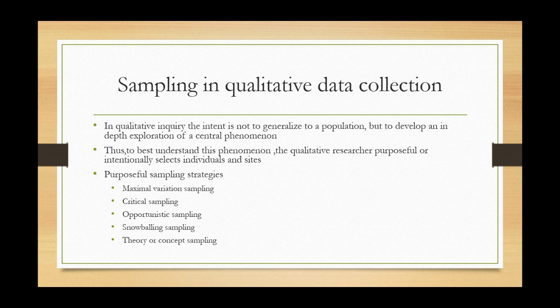Qualitative snowball sampling is a form of purposive sampling that typically proceeds after a study begins, and this occurs when the researcher asks participants to recommend other individuals to be sampled.